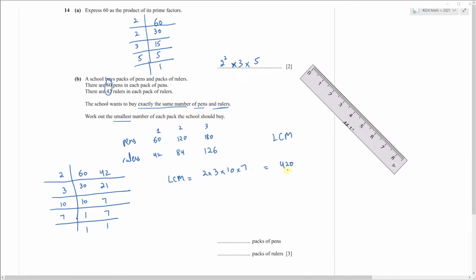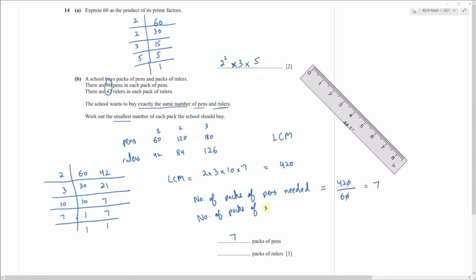So for the number of packs of pens the school needs to buy, you know that you're buying 420 pens, divided by the number of pens in each pack, which is 60. The 0s cancel out. 6 times 7 is 42. So you're buying 7 packs of pens.